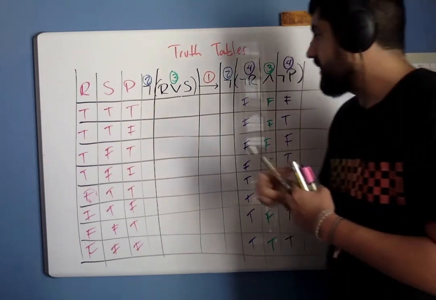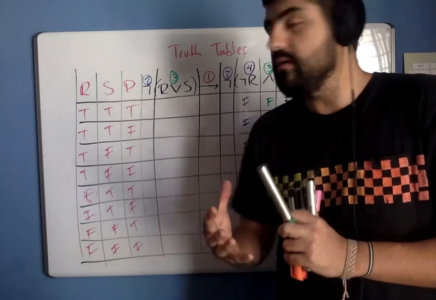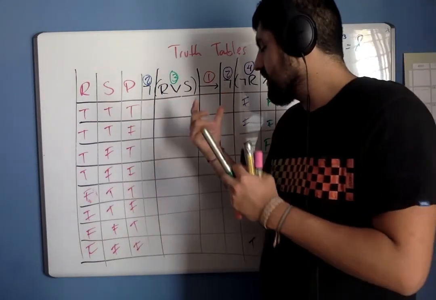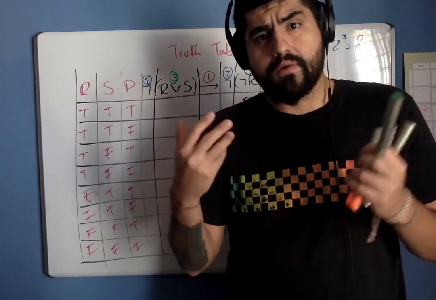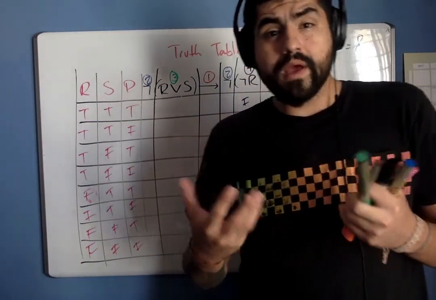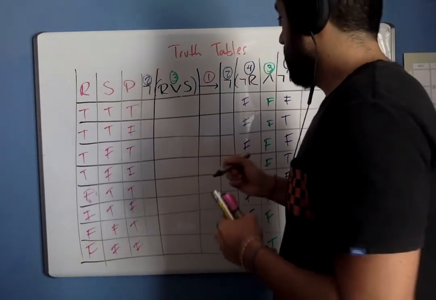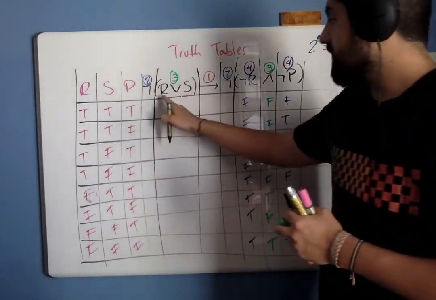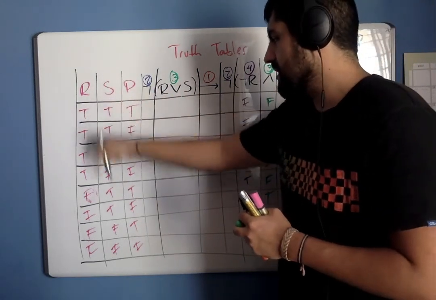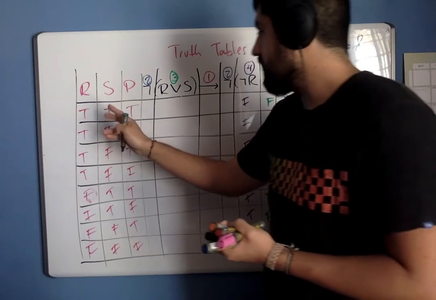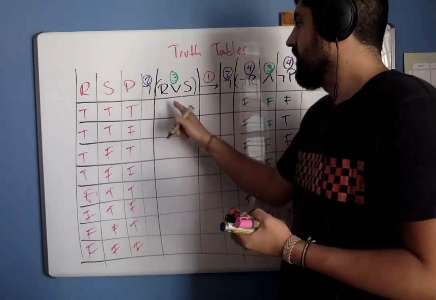In the inclusive disjunction, it's actually kind of the same rule, but vice versa, because the inclusive disjunction is false when both of its components are false. Otherwise, the inclusive disjunction is always true. So in this case, we have already been given the values of R and S. We need to compare these two columns in order to solve this inclusive disjunction.